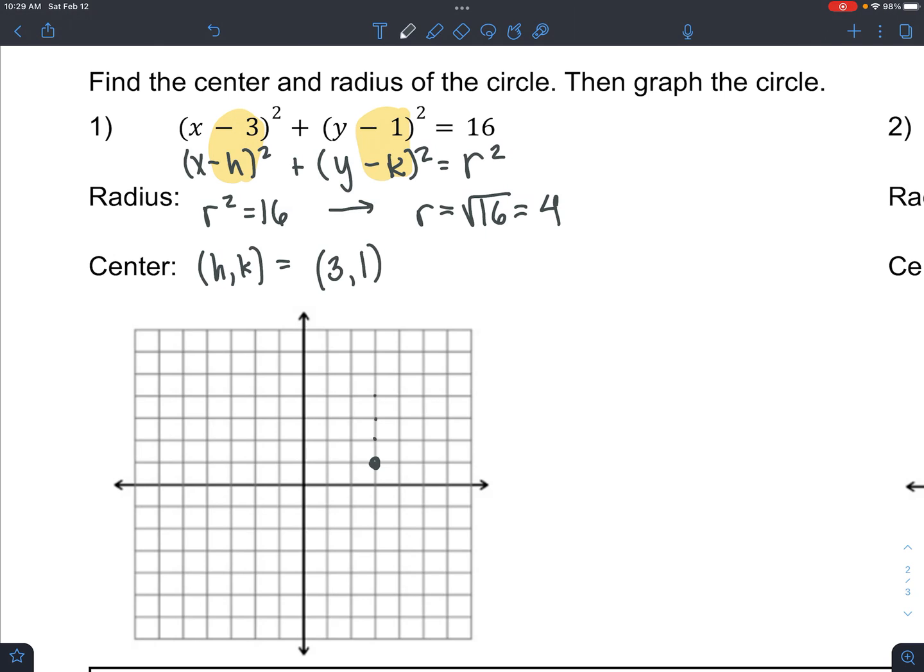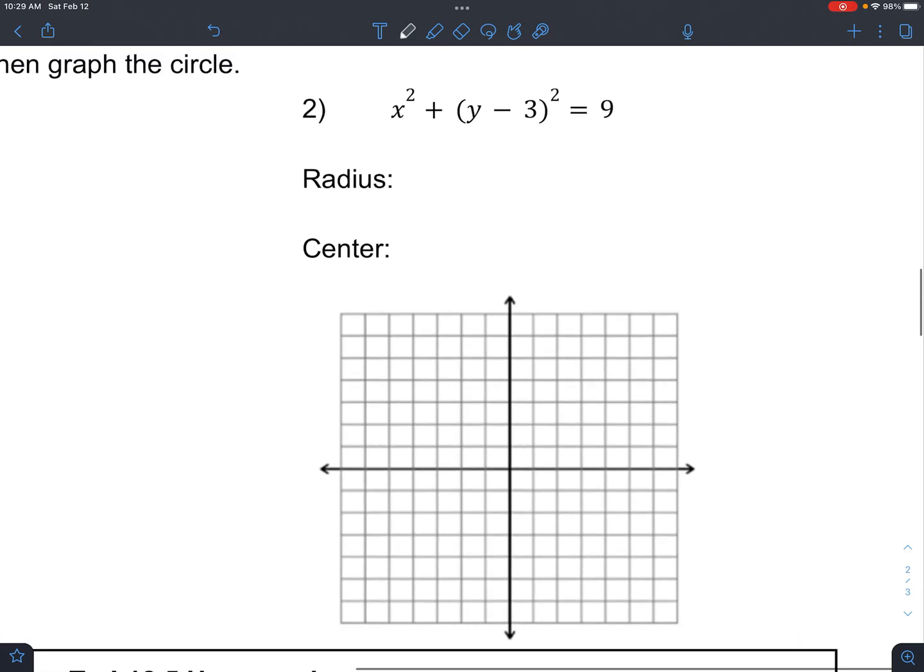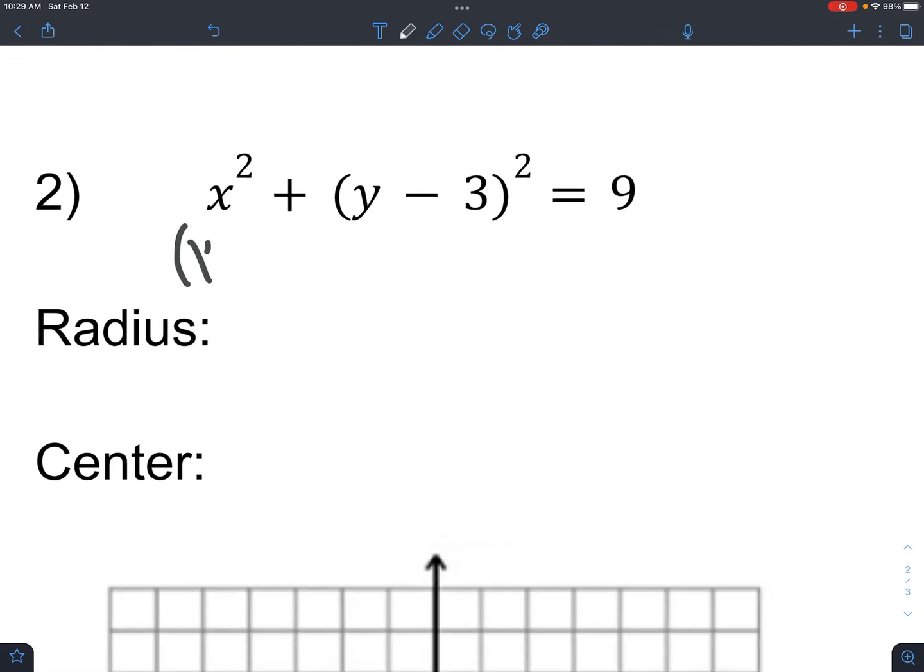So plot our center, and the radius is even this time. So 1, 2, 3, 4, 1, 2, 3, 4, 1, 2, 3, 4, 1, 2, 3, 4. And just connecting them a bit. There you go. Okay? So it's nice and easy when the radius is a whole number.